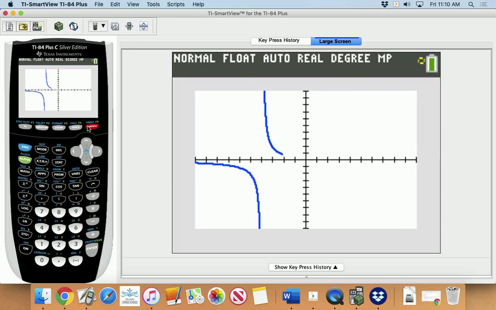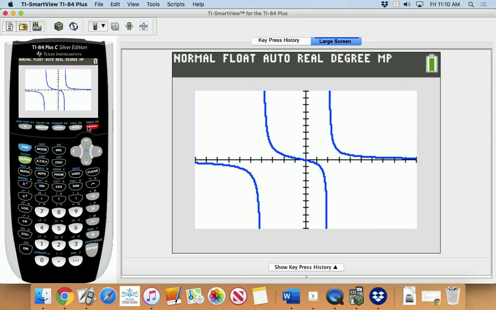Remember we stated that there are vertical asymptotes at negative 4 and 2, and that's why the graph approaches them but doesn't actually touch. You'll see that the graph goes to positive infinity on the right side of negative 4, and on the left side it goes to negative infinity. For the asymptote at x equals 2, the left side is going to negative infinity, and the right side is going to positive infinity.